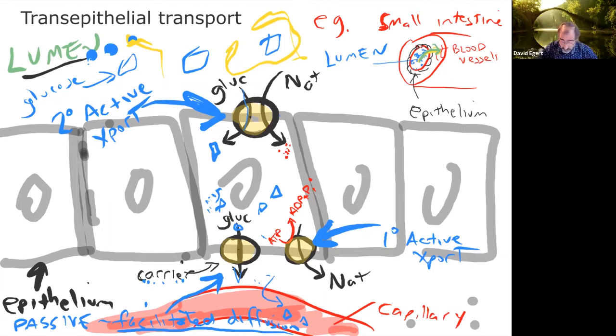This pump here is another membrane protein. Bunch of amino acids connected up and folded together, with primary, secondary, tertiary structure to make this big complicated structure that's now embedded in the fluid mosaic of the phospholipid bilayer.